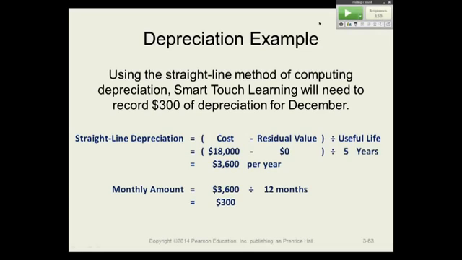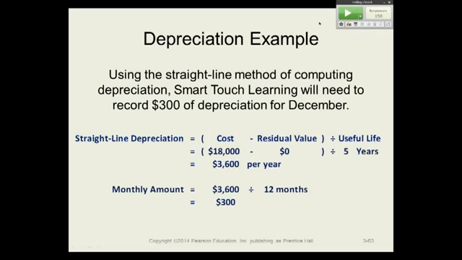Okay? So the beginning balance, or when the asset was purchased, the asset was purchased on December 1st or December 2nd. Okay, so there's your asset, and that's at cost. Just to remind you, that's historical cost.